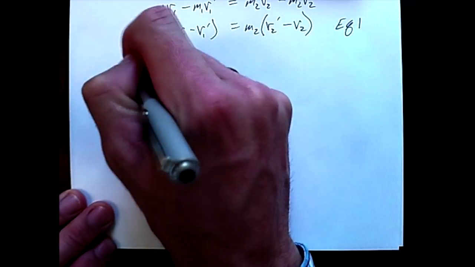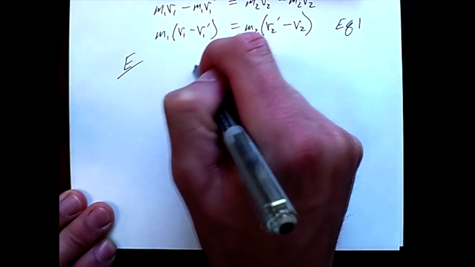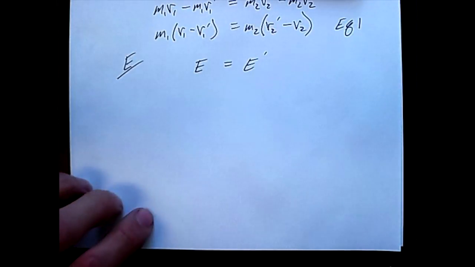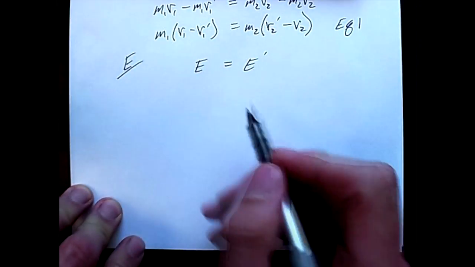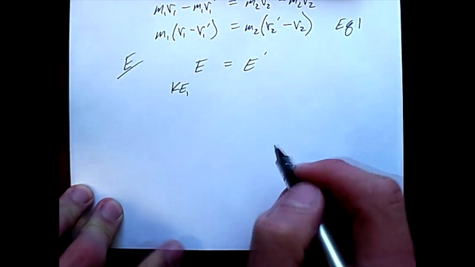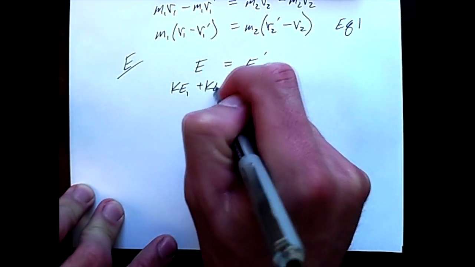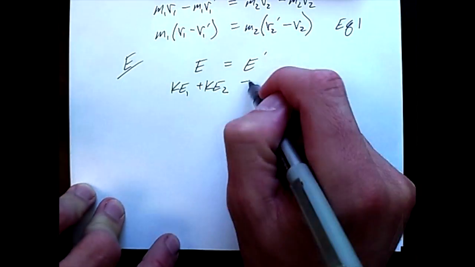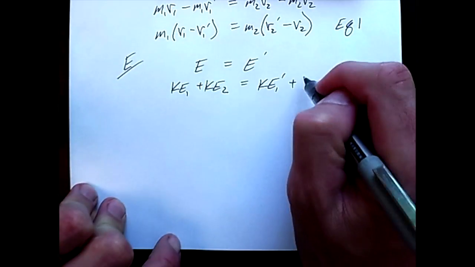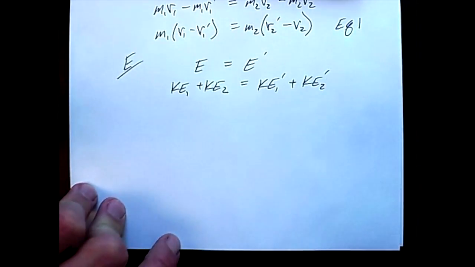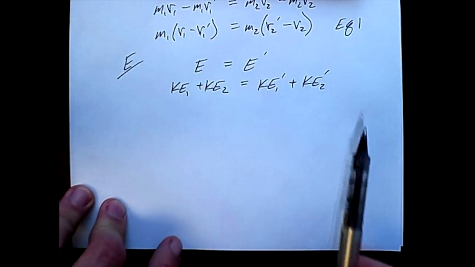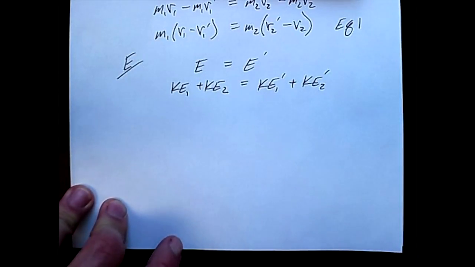Now, from the energy perspective, we know that E equals E prime. And so again, regardless of what's happening in this particular system, we have the kinetic energy of the first object plus the kinetic energy of the second object equal to the kinetic energy of the first object after the collision plus the kinetic energy of the second object after the collision. Again, there are no other energy terms because the two balls are either moving or they are not moving.